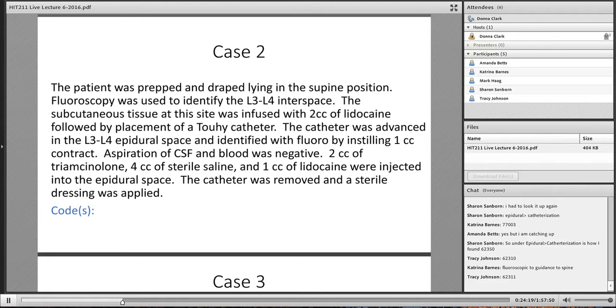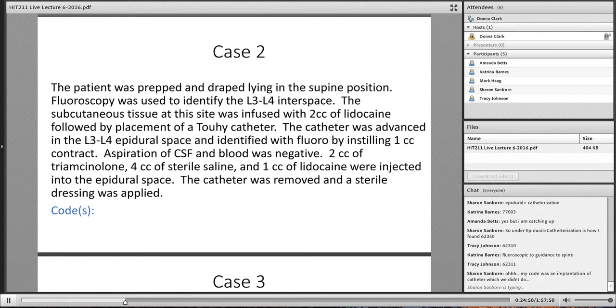So injections of diagnostic or therapeutic substances, including anesthetic, antispasmodic, opioid, steroid, or other solution not including neurolytic substances, including needle or catheter placement, includes contrast for localization when performed, epidural or subarachnoid, I can't even say that, but 62310 is cervical or thoracic, but we need lumbar, so that's 62311.